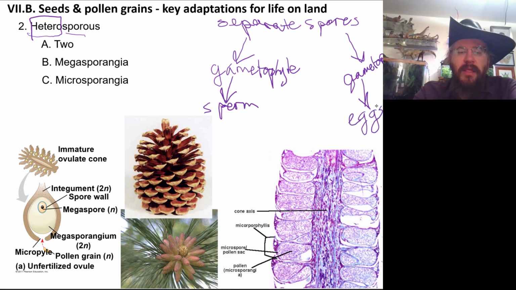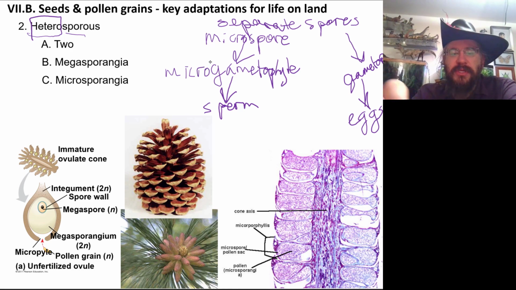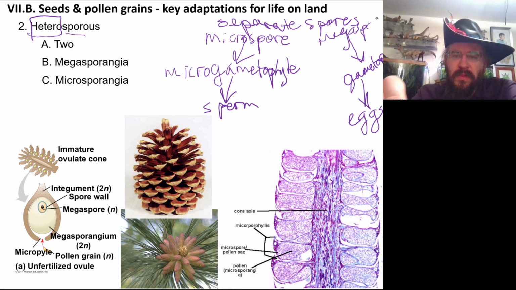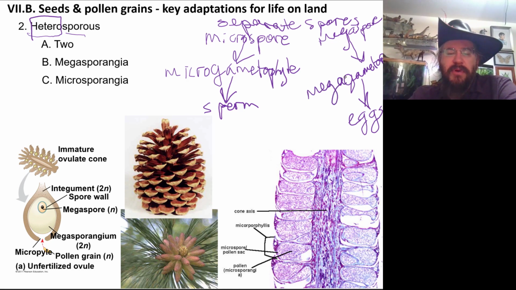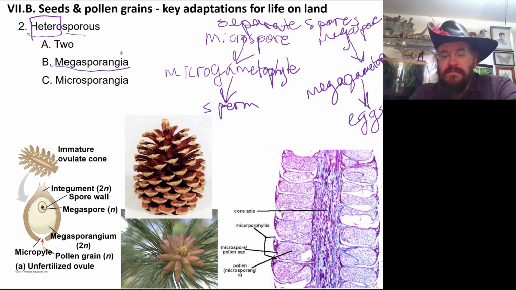And what's that? Well, let's have a microspore. And it produces the microgametophyte that produces sperm. And then let's have a megaspore that produces the megagametophyte that produces eggs. So, megasporangia for making megaspores that produce megagametophytes that produce eggs.